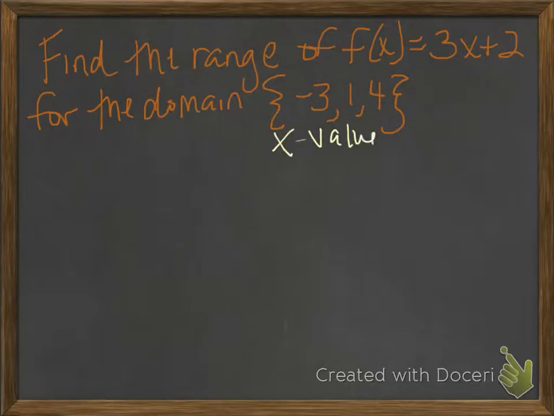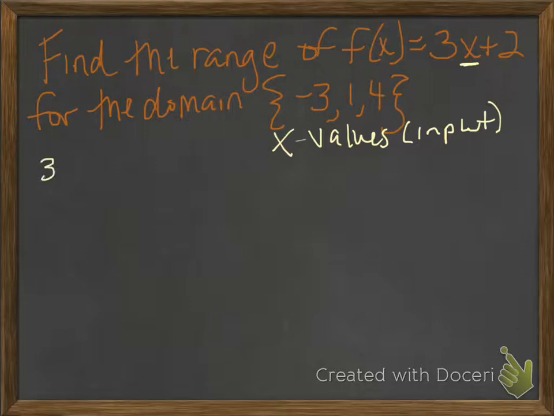On this one we have to plug our x value into our function f of x equals 3x plus 2. So our x value is going to go in to replace the x. Okay, so we have to do this 3 times because they're giving us 3 values for our domain, which remember is our input. So if we input our x value into the problem, what's our output?